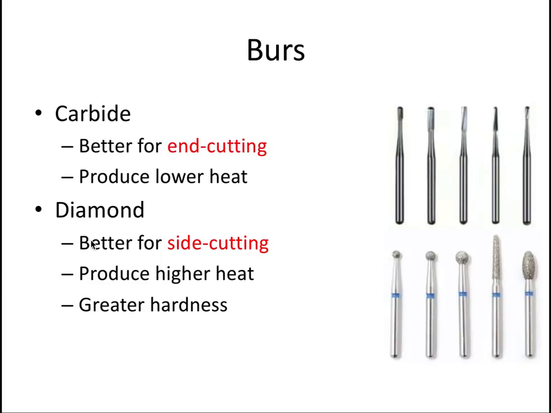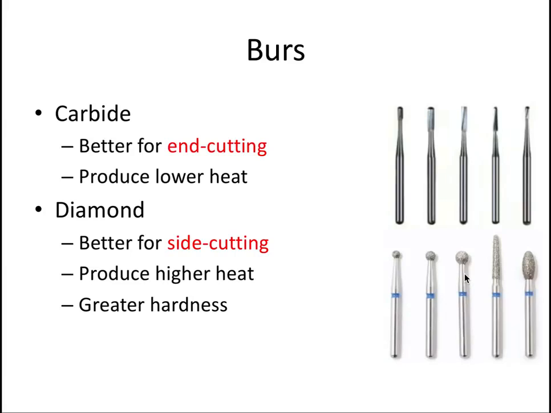Diamond burrs are better at side cutting and are therefore preferable for most preparations, especially crown preparations, bevels, enameloplasty, and this is due to the greater hardness of diamond and overall more effective cutting. But as a downside, it generates more heat, and they're also way more expensive.